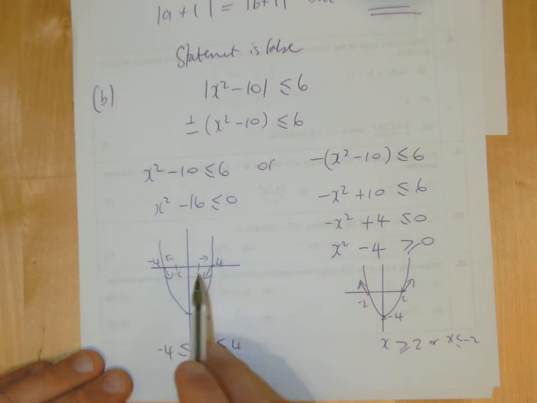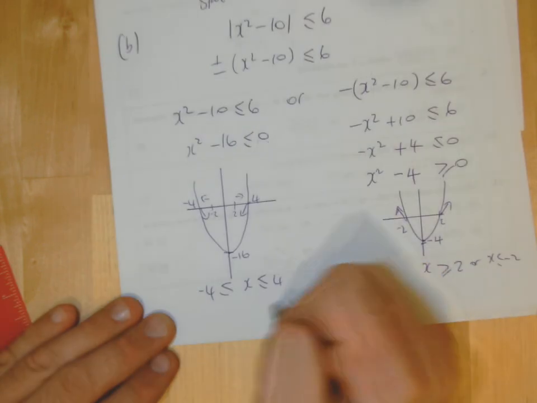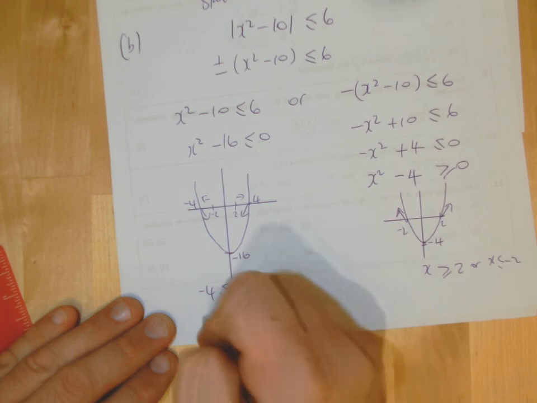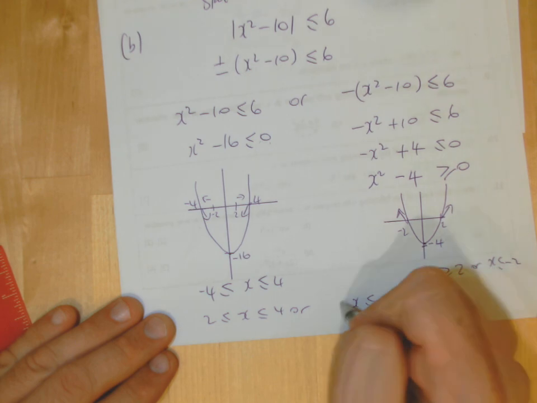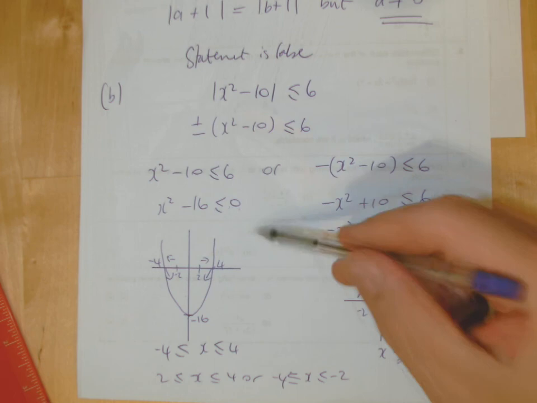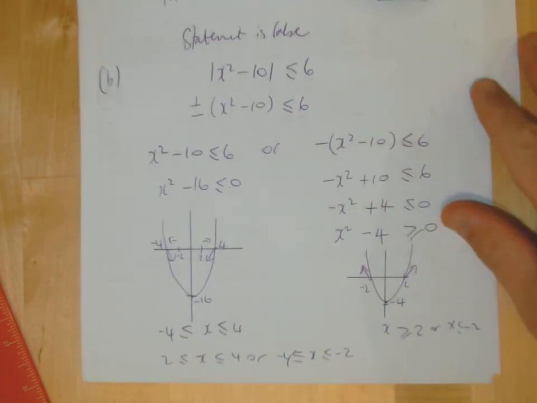So it's got to be greater than 2 but less than 4, or less than -2 but greater than -4. So we're going to have two sets of results: x is between 2 and 4, or x is between -4 and -2. I hope that makes sense, but with the quadratic here, you've got to go through this approach. With the modulus, you've got to draw the graph to see the separate results.